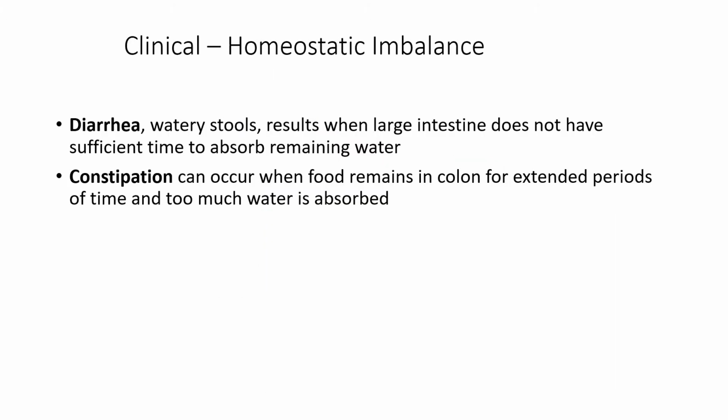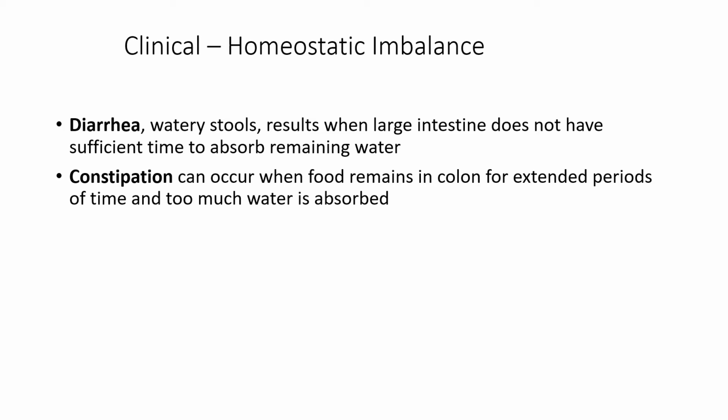So remember, we said that one of the main functions of the large intestine is to absorb any remaining water from the digestive process from the bolus of food that's being broken down coming to it from the small intestine. If the large intestine doesn't have sufficient time to absorb the remaining water, this could result in a condition known as diarrhea.